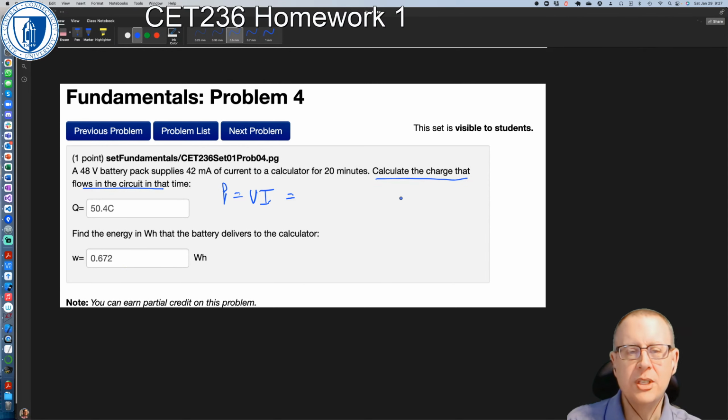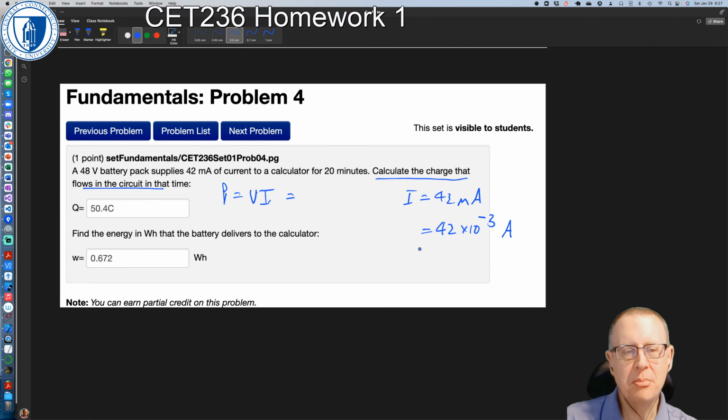So we've got 42 milliamps, right, which is, remember, milli is by 10 to the minus 3. So that's 42 by 10 to the minus 3 amperes, which is also 42 by 10 to the minus 3 coulombs per second. Now we've got 20 minutes of that current flowing.